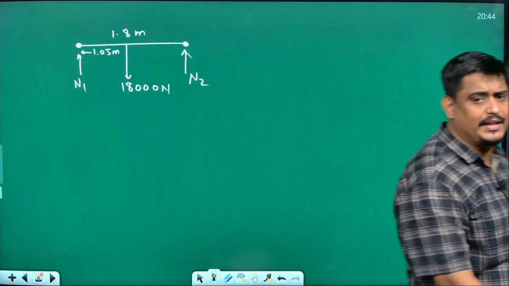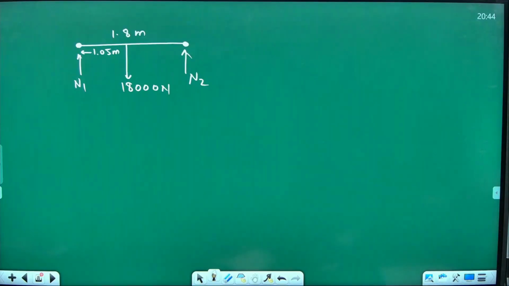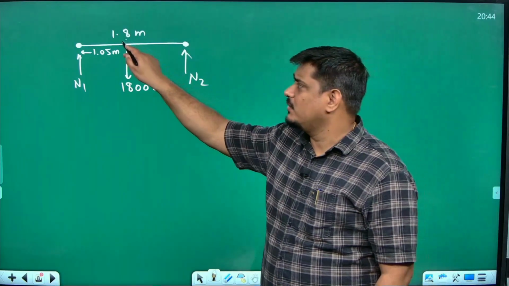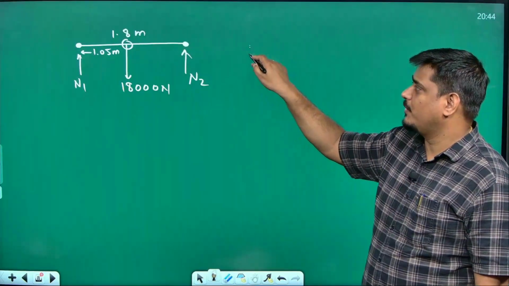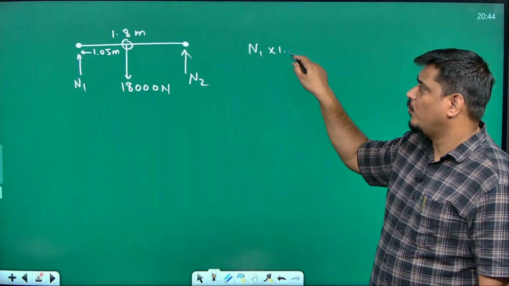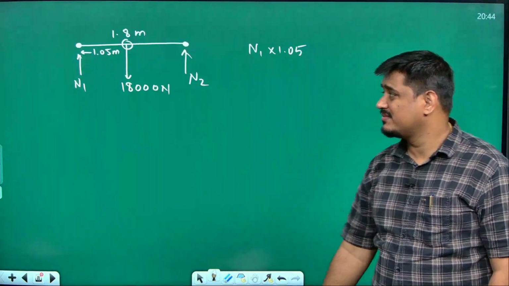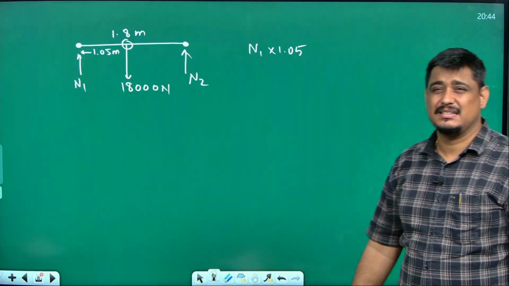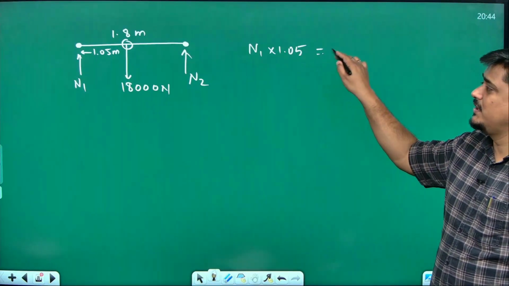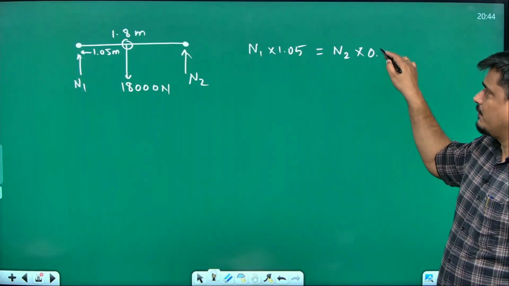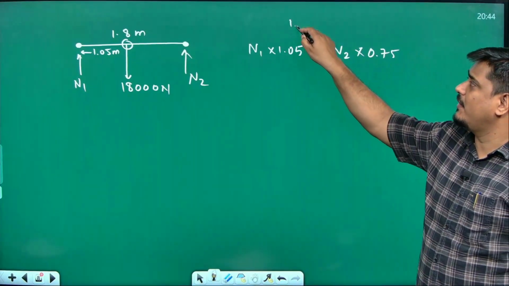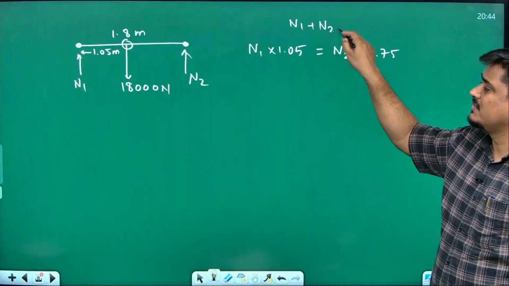What they're asking you to find is the N1, N2 value. I'll take moment at this point as 0. So what will be the moment? N1 into 1.05 is equal to N2 into 0.75. Okay, we can solve like this also.